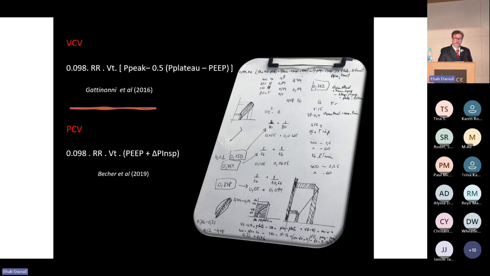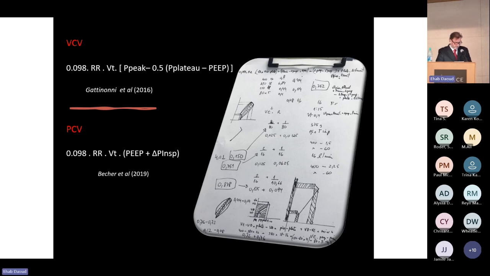If you use the Gattinoni surrogate formula, you need an inspiratory pause to obtain the plateau pressure, and from the result of subtracting the driving pressure from the peak pressure, this result will be multiplied by tidal volume and respiratory rate and the factor to use when you calculate volume control ventilation.